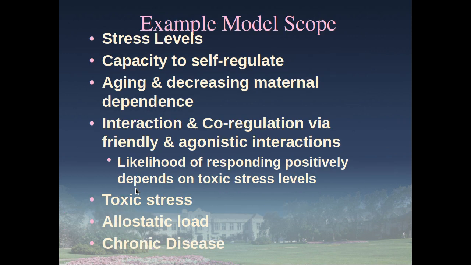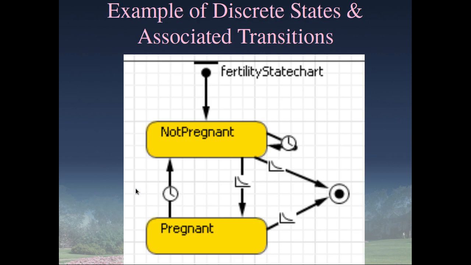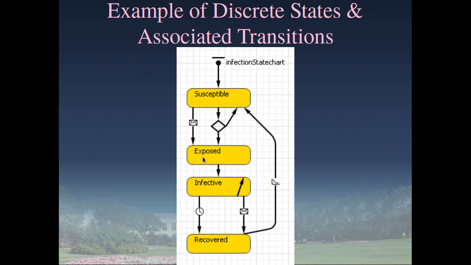Agent-based models will typically have state associated with the agent, and state might be this individual is pregnant or non-pregnant, or susceptible, exposed, infected, or recovered. A given person will be in one of these states at a given time with respect to a given state chart, which represents a certain concern.